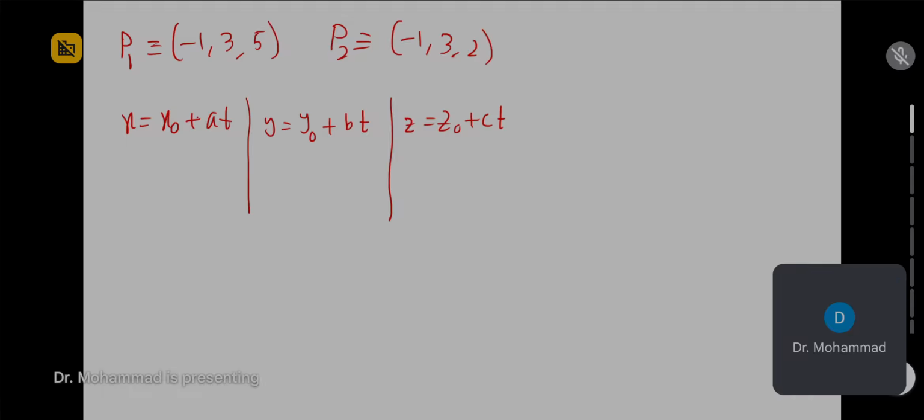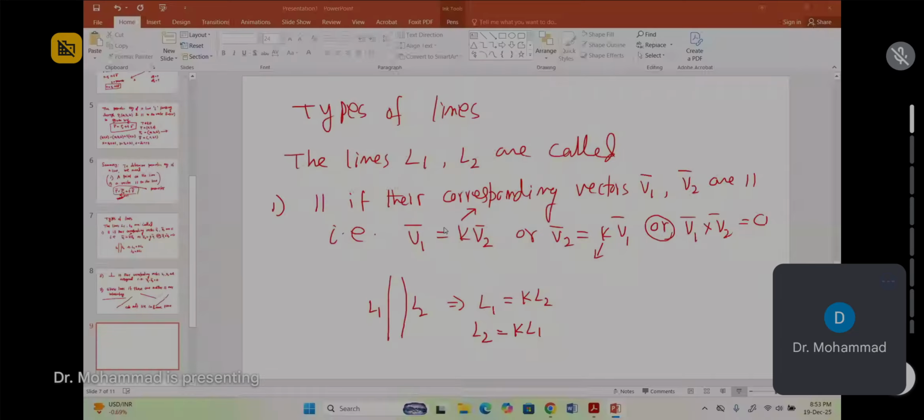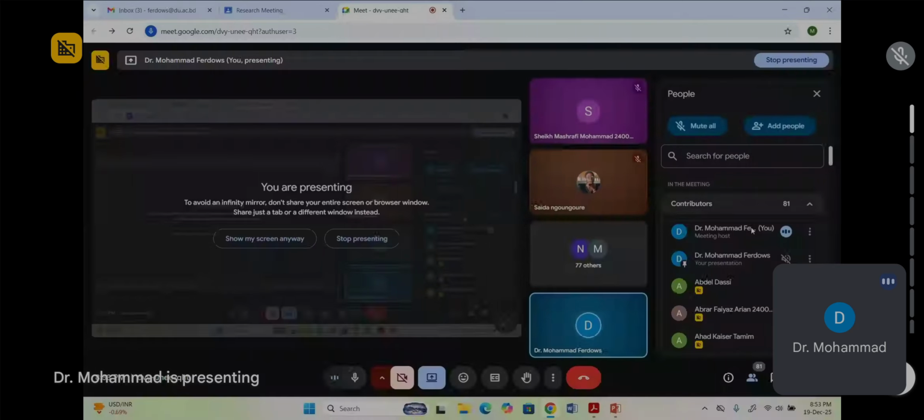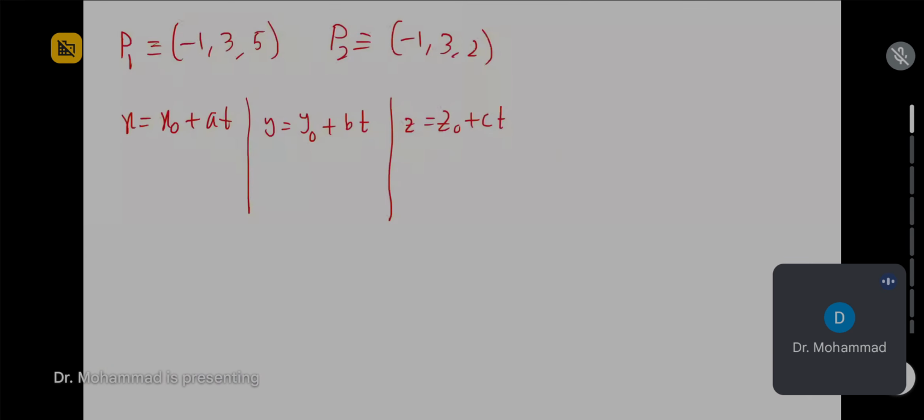So what is our x naught, y naught, and z naught? We have the 2 points, P1 and P2. You can choose x naught, y naught, z naught as either P1 or P2.